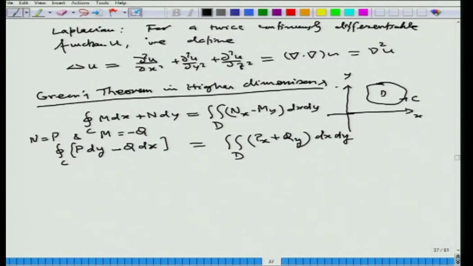Just removing this minus sign from here, that minus sign comes here.